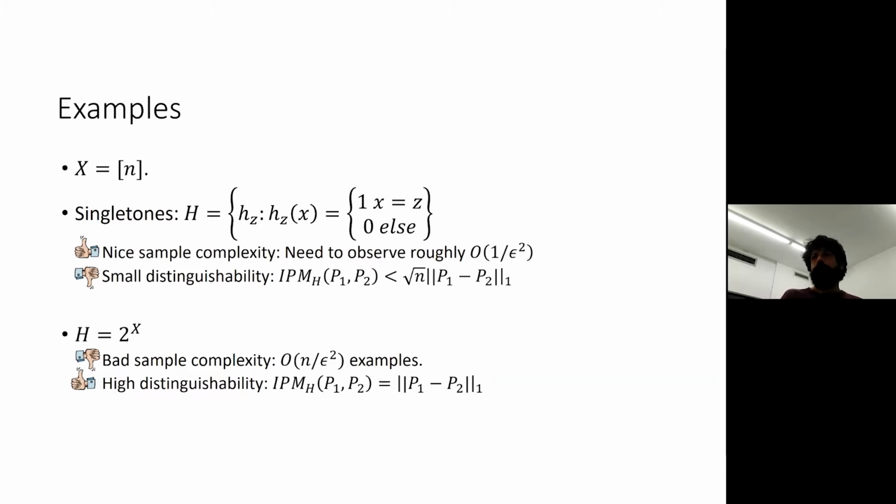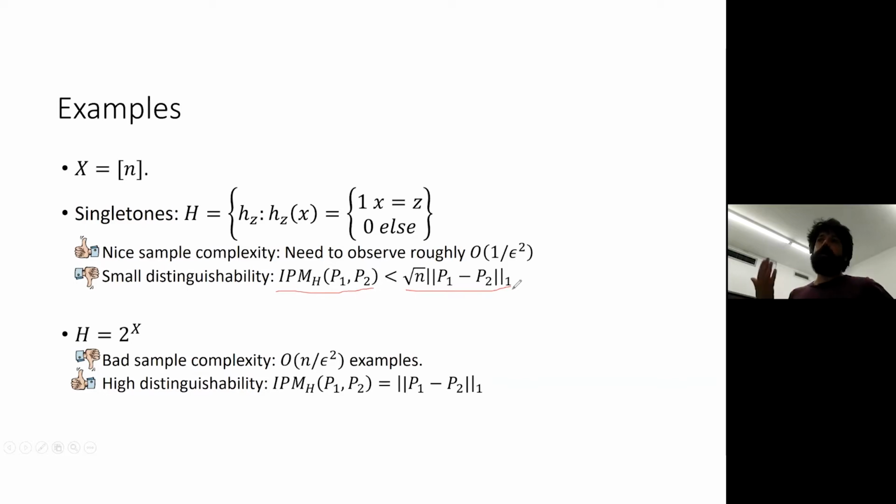You can observe 1 over epsilon squared points, and then you can train your discriminator to pass this IPM test. Obviously, the trade-off is that it has small distinguishability, meaning you're measuring the IPM distance, but the IPM distance is very, very far from the statistical distance.